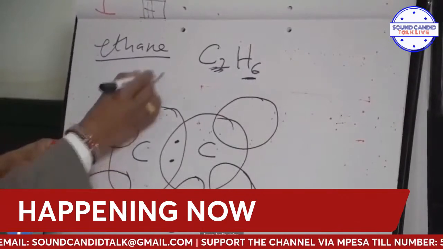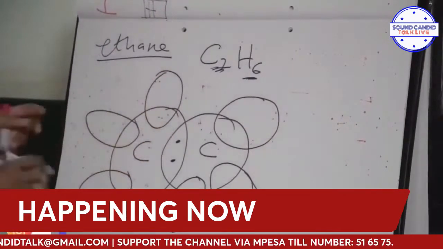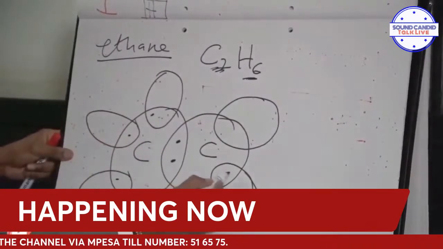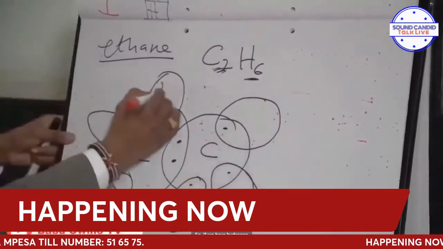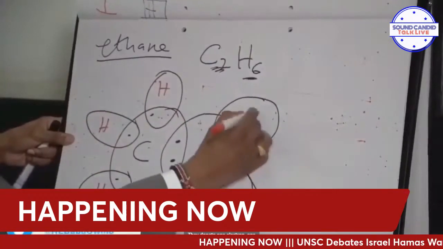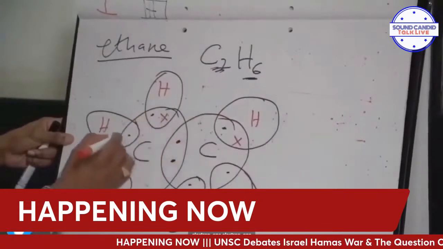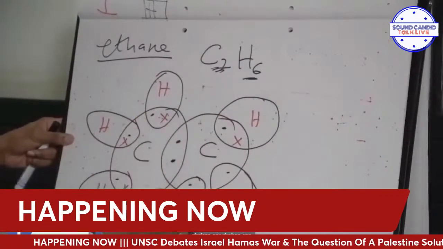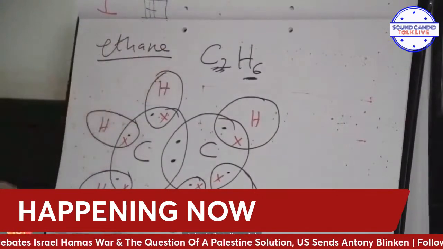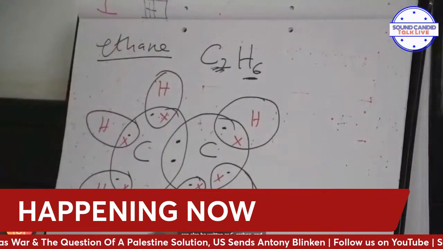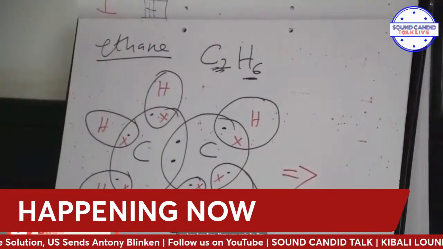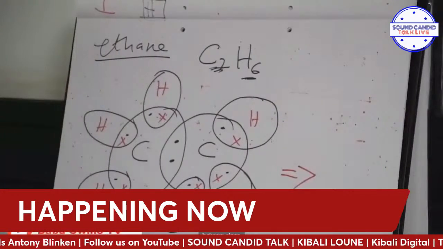The hydrogens donate 1 electron each. So this is ethane, which can also be written as carbon and carbon bonding, then you only fix the hydrogen atoms.